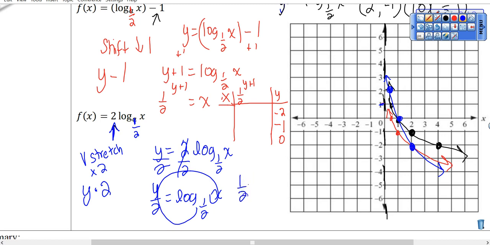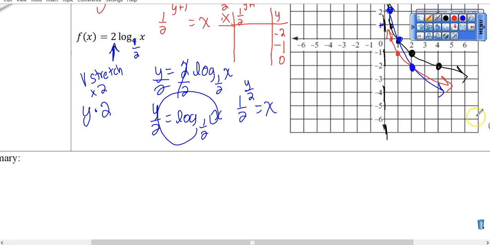So it'd be half to the y over 2 equals x. Now, I am going to give you all advice right now, because if I asked you to graph this, I would want you to be thoughtful about the points you pick for y. So if I wanted you to zero that out, y would have to be 0.